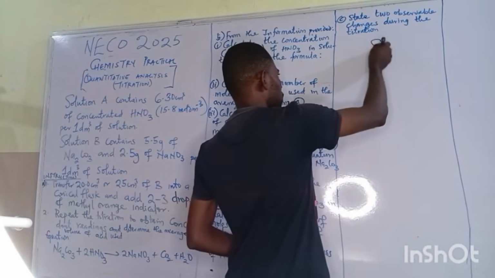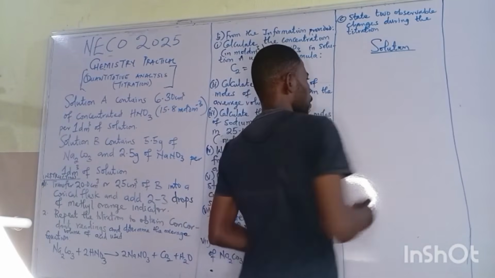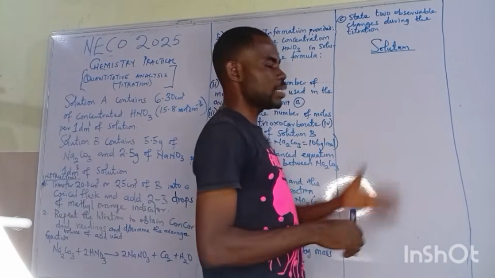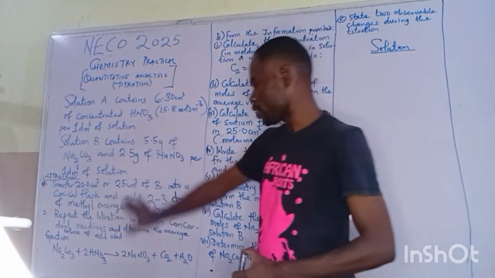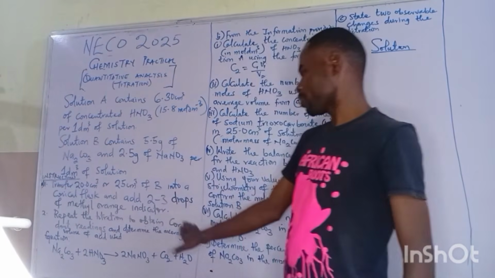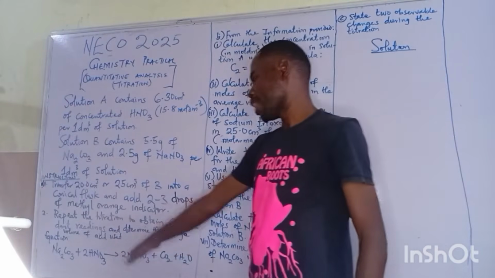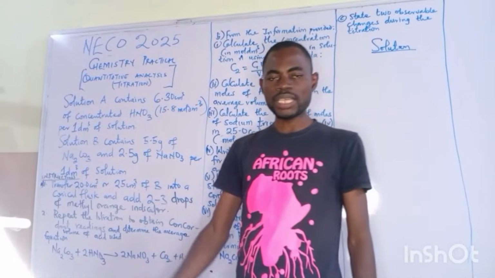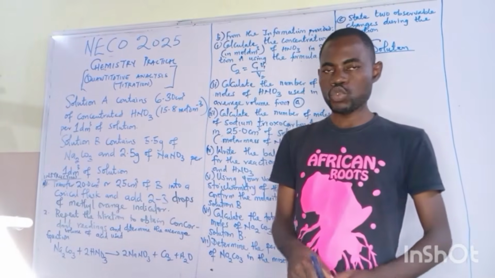Let me say I call this place solution. Permit me to do something. I want to start working on the information given, because I may still want to use this side of my board very well. They said we should repeat the titration to obtain concordant readings and determine the average volume of the acid. The titre value I want to use here is 22.5, so I want to prepare a table towards 22.5.